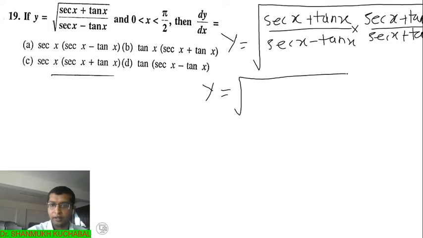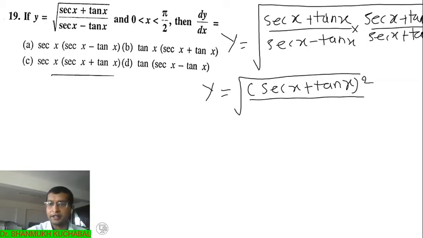y equals the square root of (sec x plus tan x) into (sec x plus tan x), that is (sec x plus tan x) whole square, divided by the denominator. Further, the denominator simplification is of the form (a minus b) into (a plus b), which is a square minus b square, so it is sec square x minus tan square x.